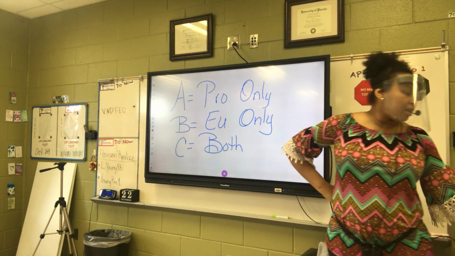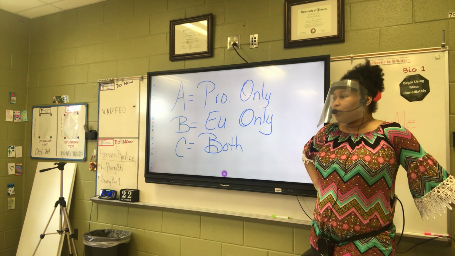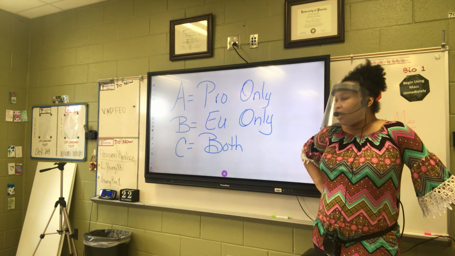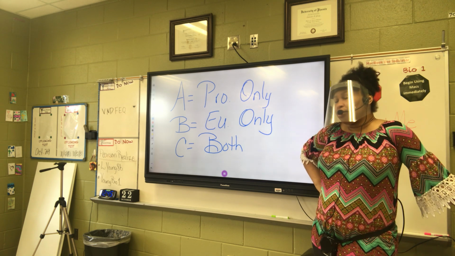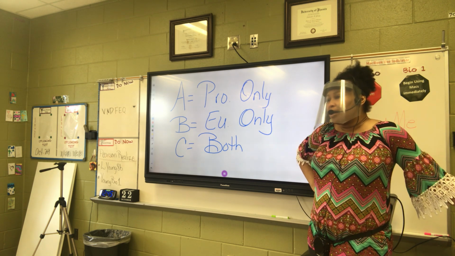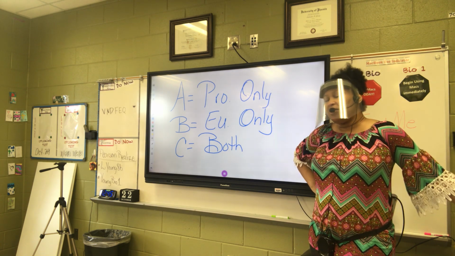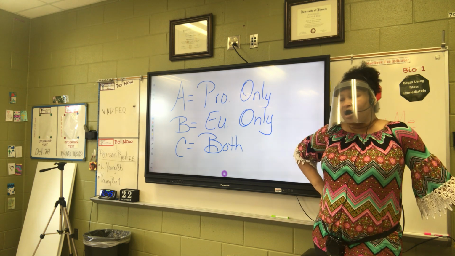All right, the next one contains mitochondria. Mitochondria, the mighty mitochondria, the energy converter that converts the stored chemical energy found in sugars or foods into ATP, adenosine triphosphate, that cell energy that the cell can actually utilize.